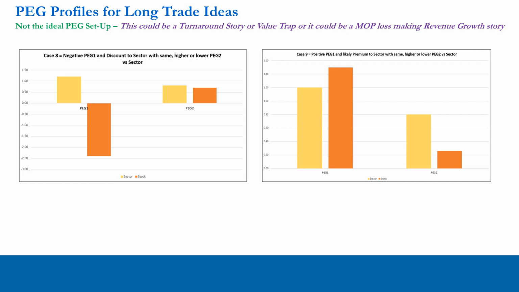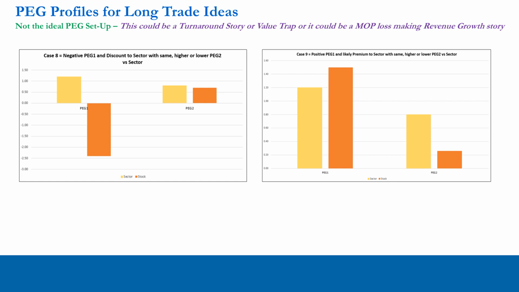In period number 2 for case number 9, what are we ending up with? Well, we are ending up with positive EPS. So either it's going to be flat or positive EPS coming from a negative EPS position. So what's going to happen there? We're going to have positive EPS and positive stock price, therefore a positive PE ratio. Additionally, in period number 2, we're going to have positive earnings growth.